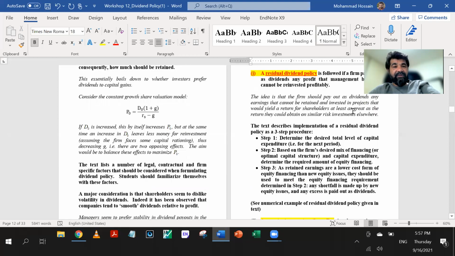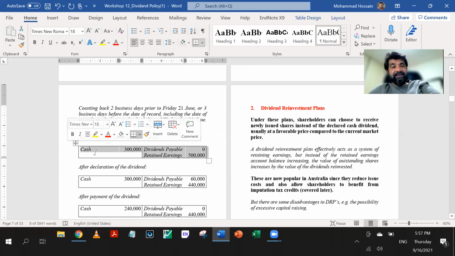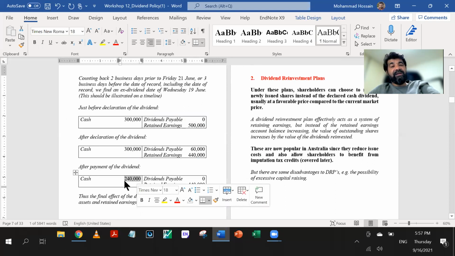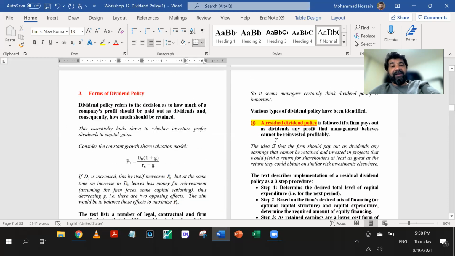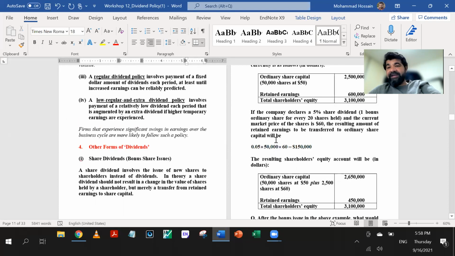Like in here, we have shown you the transferring of money from the cash. Look, 300,000 was their cash money. It reduced to 240. Why? Because 60,000 has been given as dividend. But in this one, their money is not getting out of the cash. What is happening? Retained earnings was 600,000.